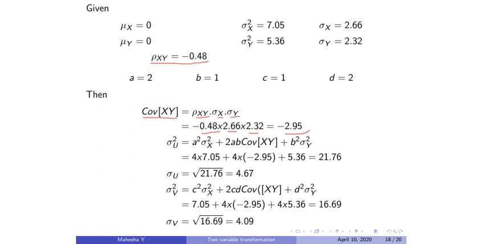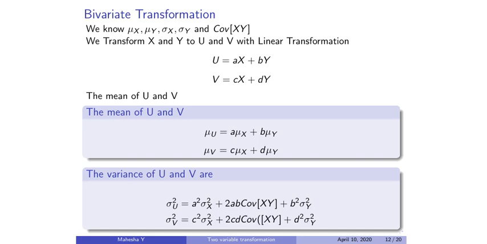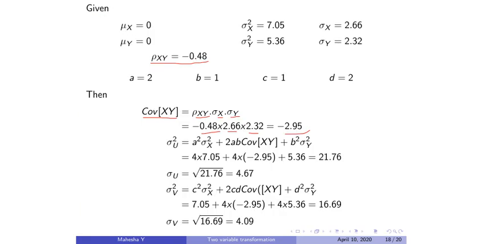And we have to calculate sigma u square and sigma v square. We know the expression of sigma u square as a square sigma x square plus 2ab covariance of xy plus b square sigma y square.